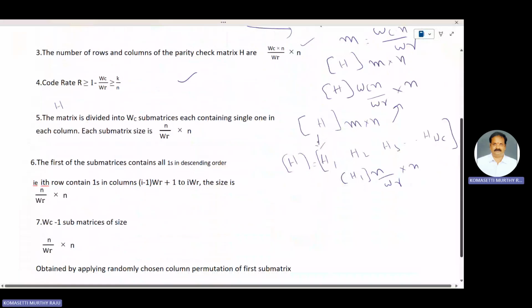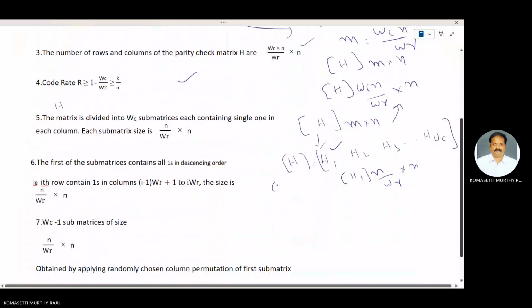The first submatrix, that is H1, contains all ones in descending order. The ith row contains ones in columns (i minus 1) WR plus 1 to i WR.